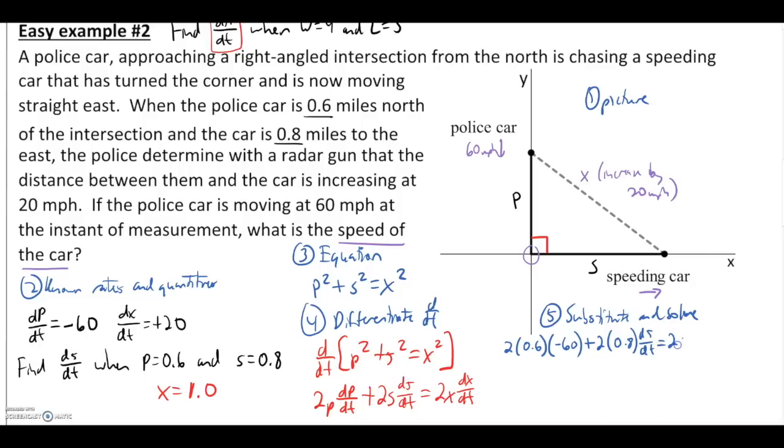And that equals 2 times 1, the current distance between the cars, times the rate of change there as well. Here we'll get negative 72 plus 1.6 ds dt equals 40, with 1.6 ds dt equal to 112. And ds dt, the speed of our car, will be 70 miles per hour.